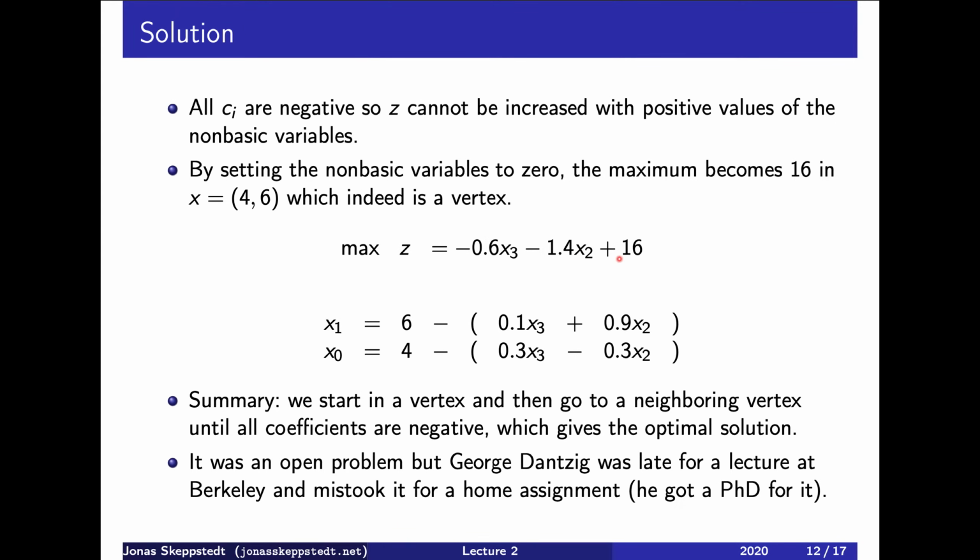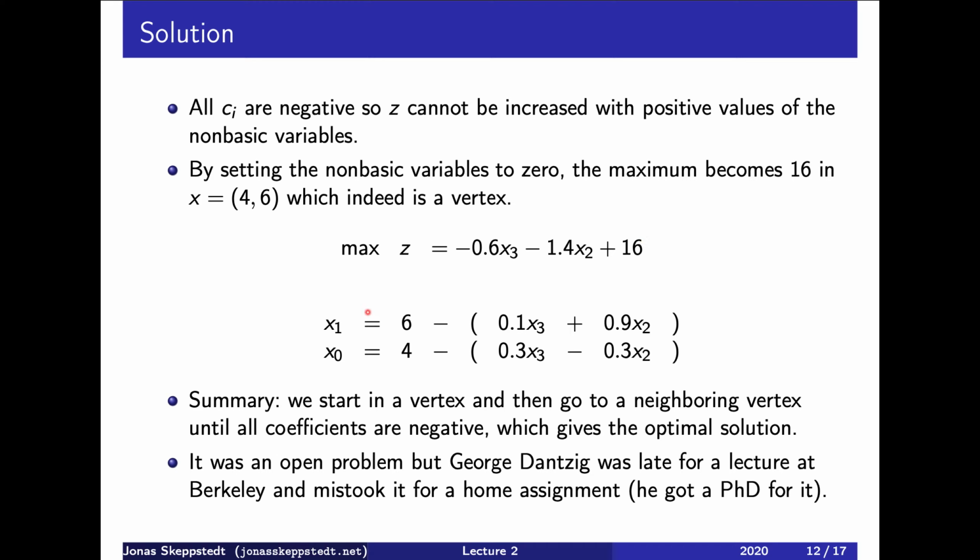So now the system looks like this. And what has happened is that all of the coefficients in the objective function are negative. So it does not help us to increase either x3 or x2, that would only reduce the value of the objective function. And now this constant has become 16.